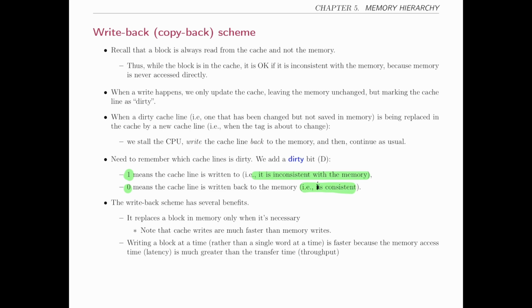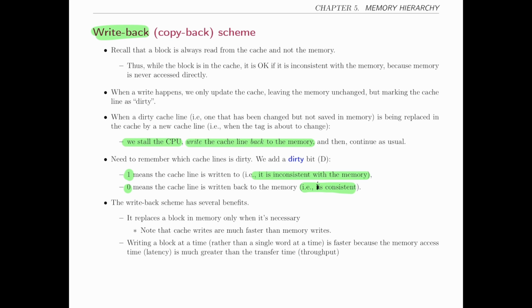When it is a 1, before you replace something in the cache, you have to stall the CPU, write what you have in the cache back to the memory, hence the name write back or copy back, and only then you can continue with the normal execution.